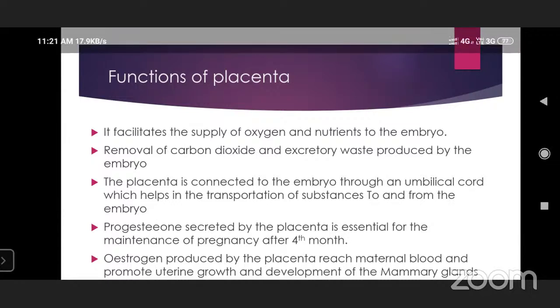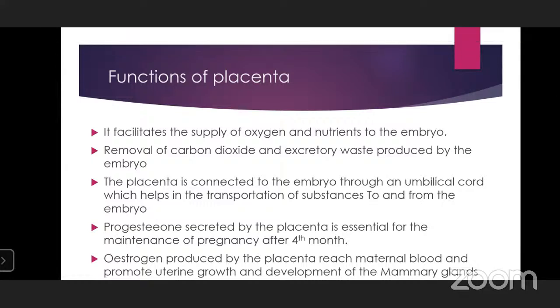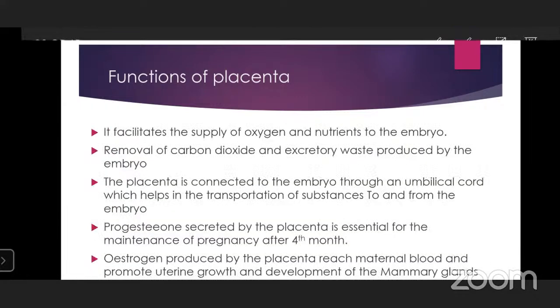Next, the hormone provided by the placenta is essential for the maintenance of pregnancy after the fourth month. Already we have discussed, that is, it is taking over the function of corpus luteum. The function of the corpus luteum is to release the progesterone.